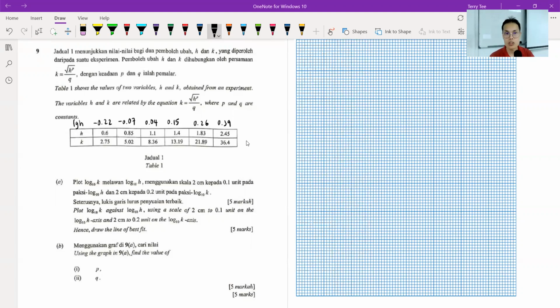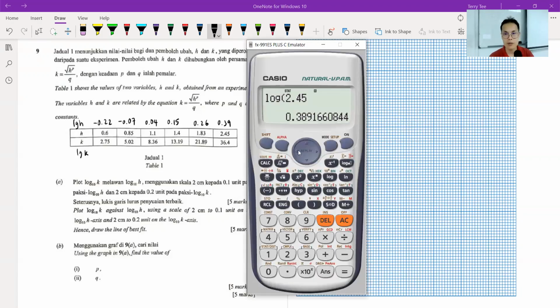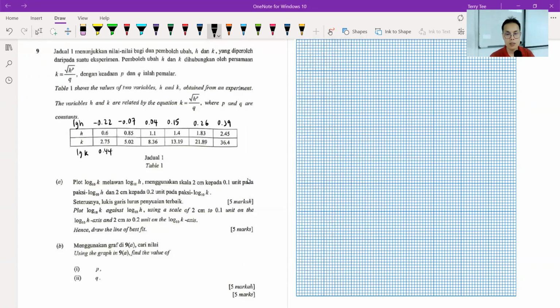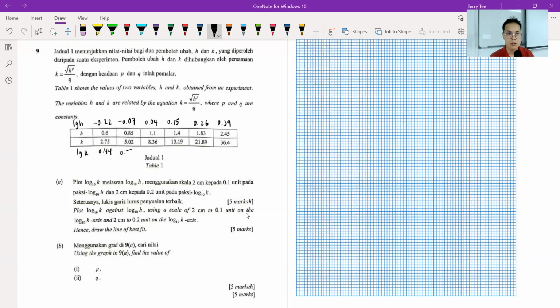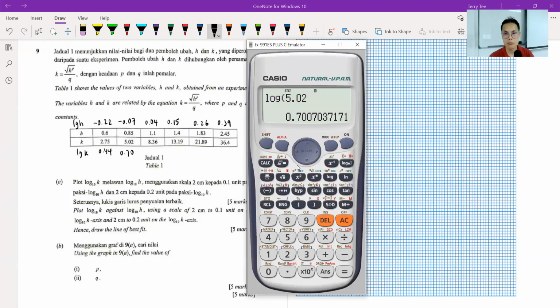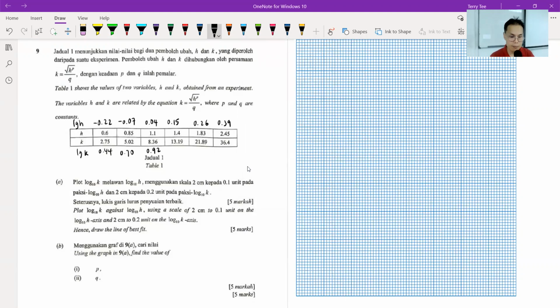So I've got my lgh. Then let's do lgk. The first one, log 2.75, I got 0.44. Next one, log 5.02 will be 0.7. Next, log 8.36 is 0.92.